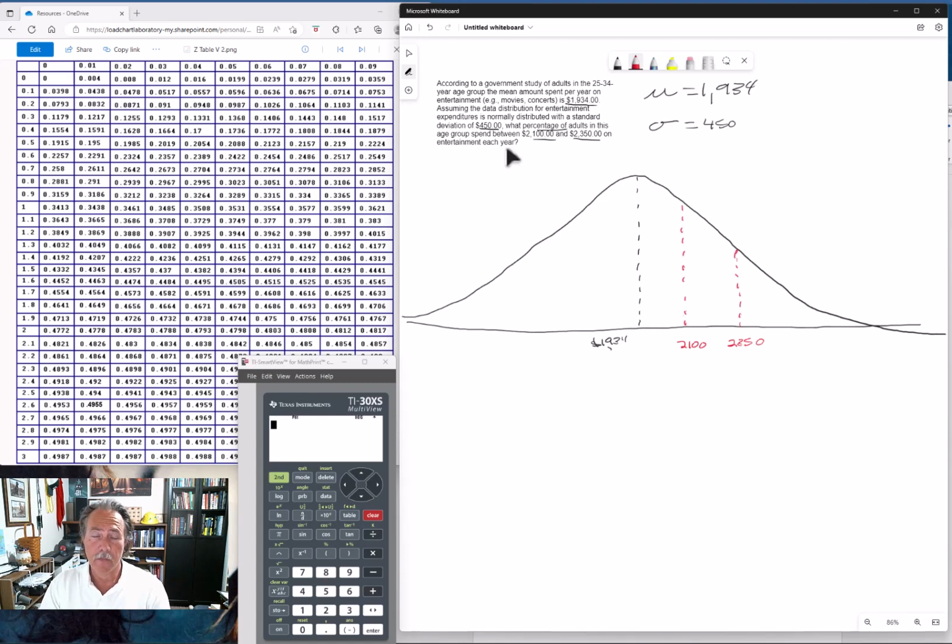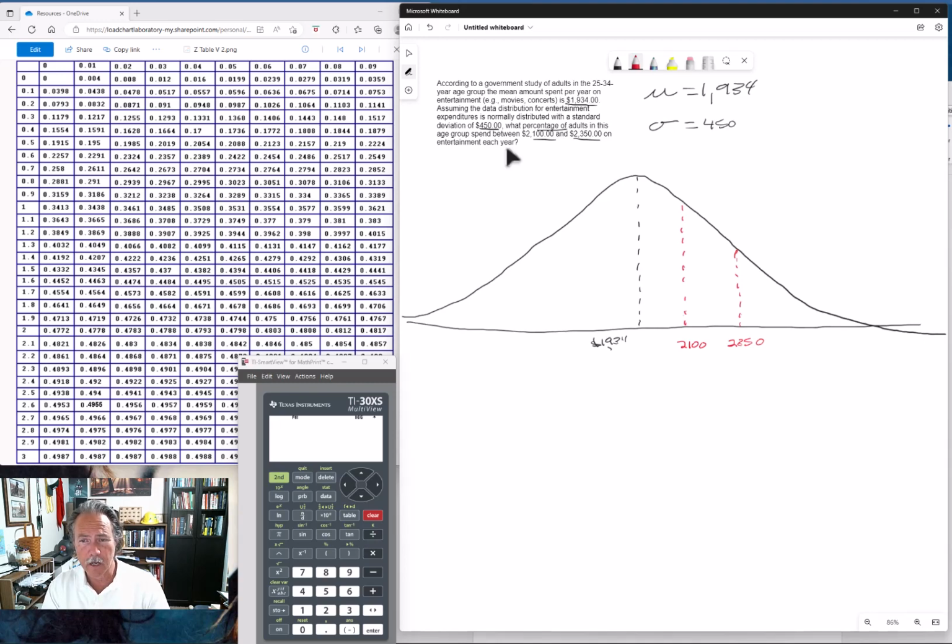The dashed lines identify the area under the normal curve that we're really interested in. And remember, area under the normal curve is synonymous with probabilities or percentages. This is the percentage under the normal curve that we're focusing on.